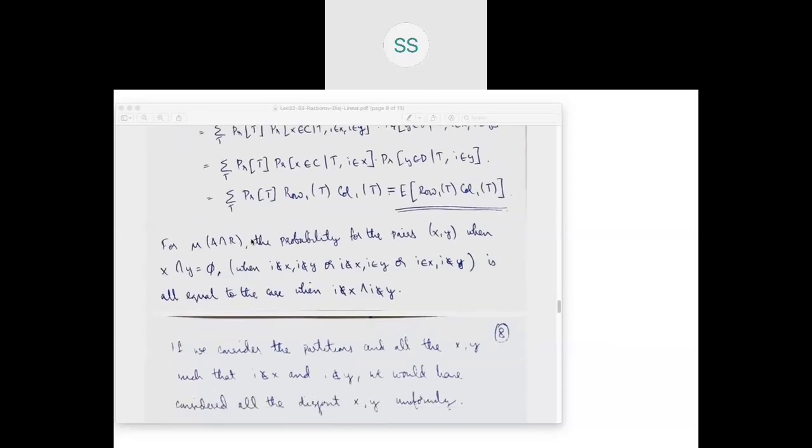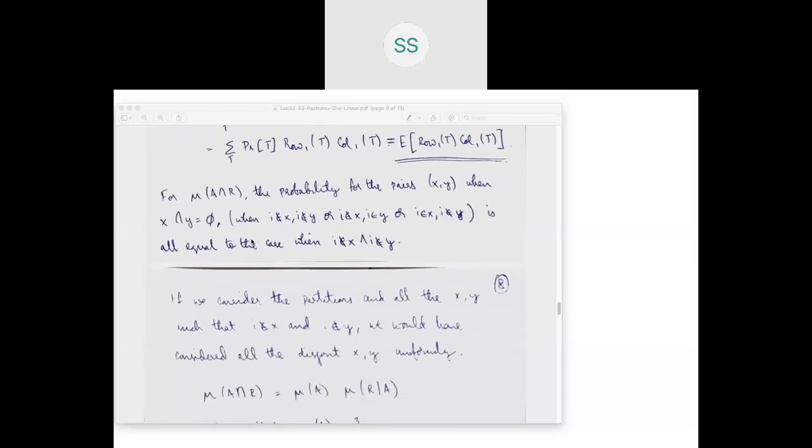If we consider all the partitions, and all the xy such that I is not in X and I is not in Y, we would have considered all the disjoint X and Y uniformly. Once we are considering all the partitions T1, T2, I, look at the partitions where I is not in X and I is not in Y. This will be disjoint, and I claim that this is a uniform distribution over all the disjoint XY of size L.